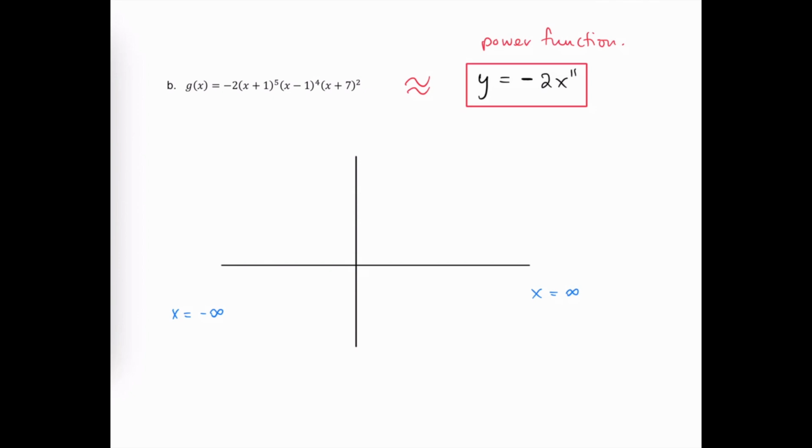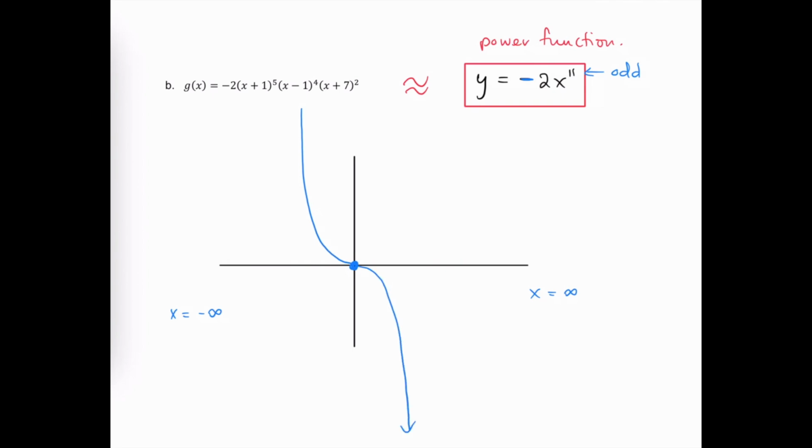Negative 2x to the 11th power is an odd degree monomial, which means that the end behavior is going to be split. Negative 2x to the 11th is going to go up to the left and down to the right, essentially after experiencing a vertical flip and a vertical stretch by a factor of 2. This graph should be very steep and pretty boxy near the origin.